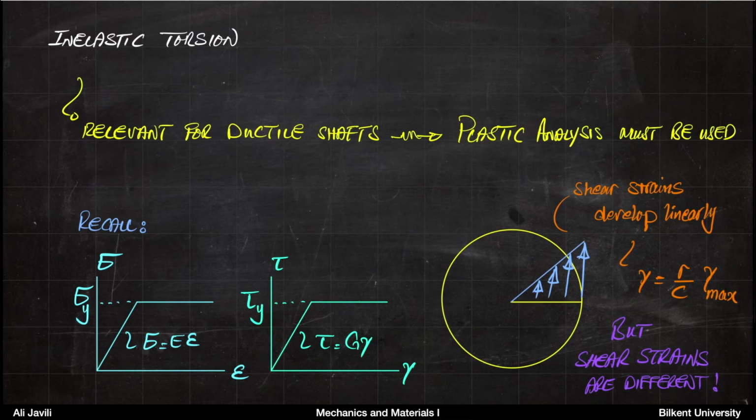Another thing that we need to recall is that shear strains develop linearly, from what we had done in the previous lectures. From the geometrical description of the problem, we learned that shear strain distribution in the shaft is always linear, and it follows the relation gamma equals r divided by c times gamma max, where c is r max.